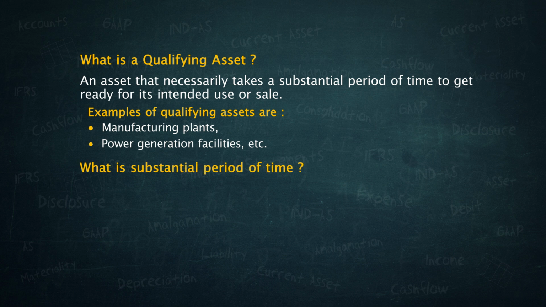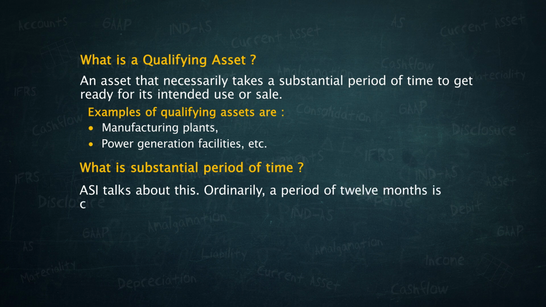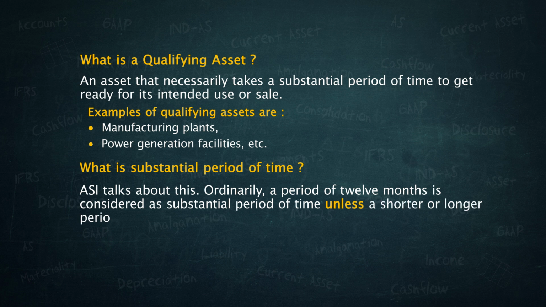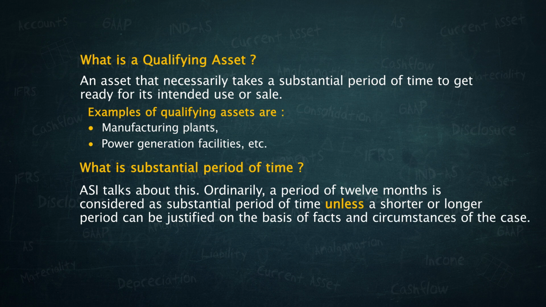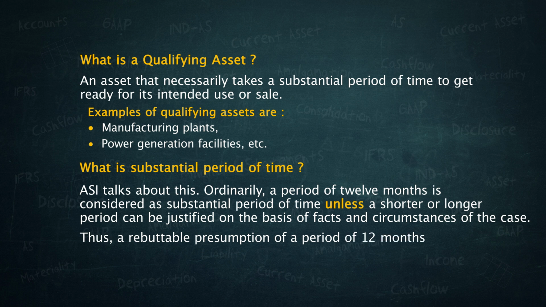The accounting standard interpretation talks about this. Ordinarily, a period of 12 months is considered a substantial period of time unless a shorter or longer period can be justified on the basis of the facts and circumstances of the case. Thus, a rebuttable presumption of a period of 12 months is considered a substantial period of time.